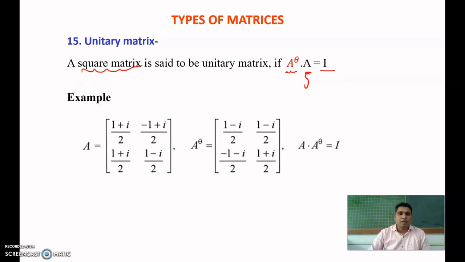Let's see one example. This is our given matrix A. We find the transpose of its conjugate, as we have seen how to do, and when we multiply both, we will get the unit matrix. If this condition is satisfied, then our given matrix A is a unitary matrix.